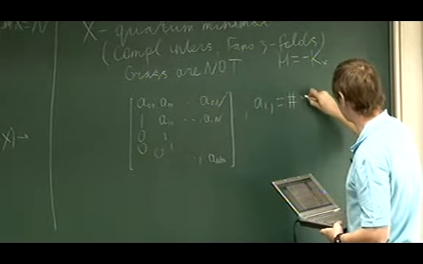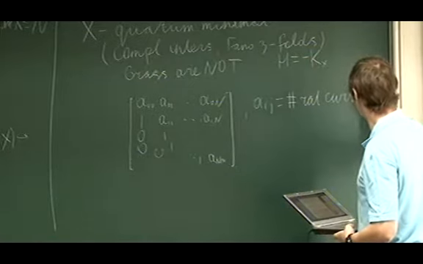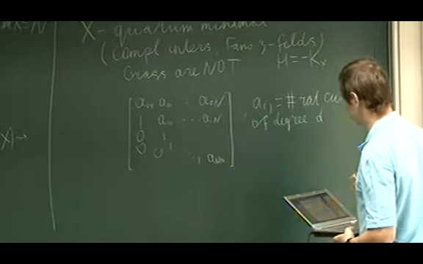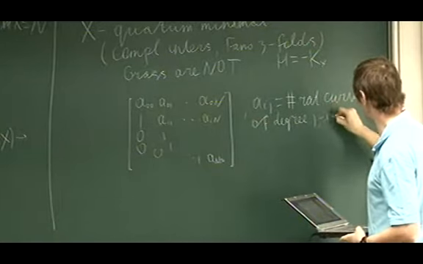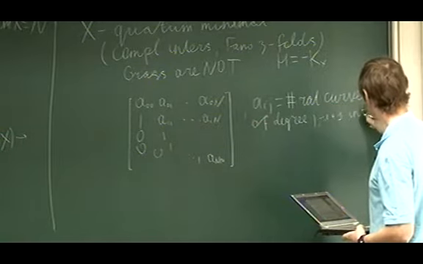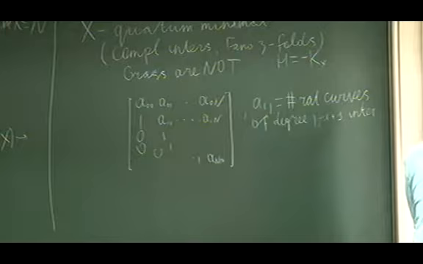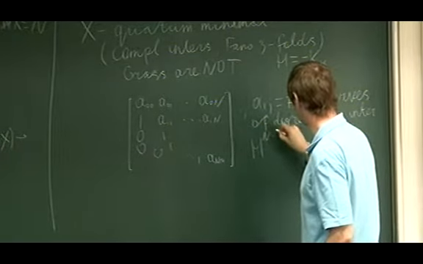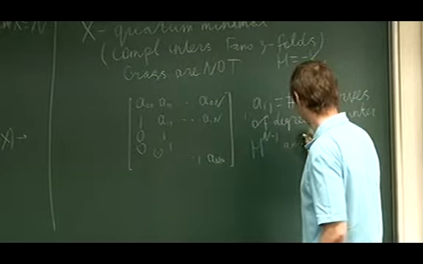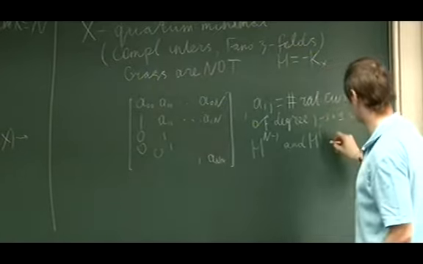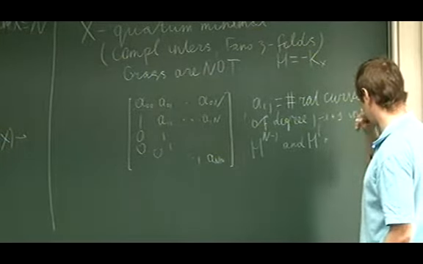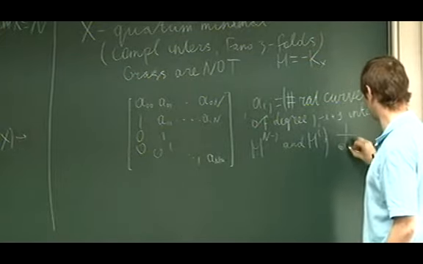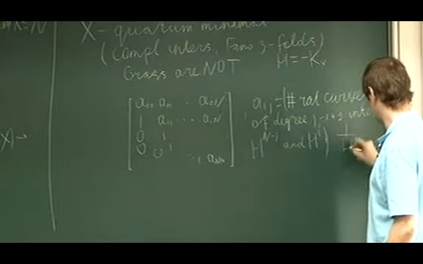It's just the number of rational curves of degree j minus i plus 1, intersected with general representatives of H^(n-j) and H^i, multiplied by 1 over the anticanonical degree, so H^n is the degree.